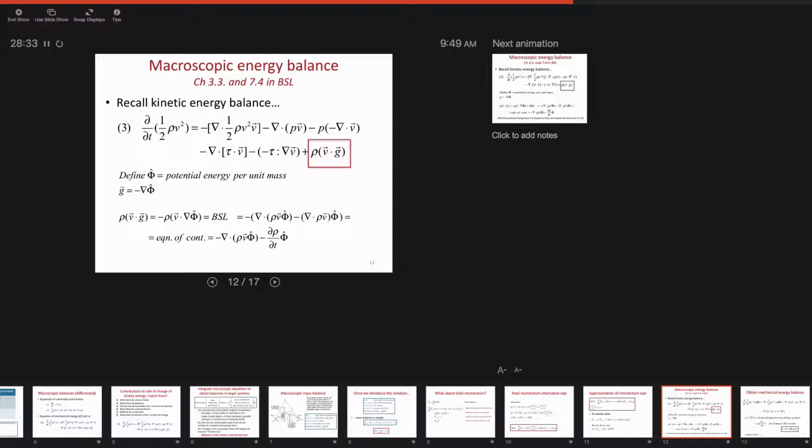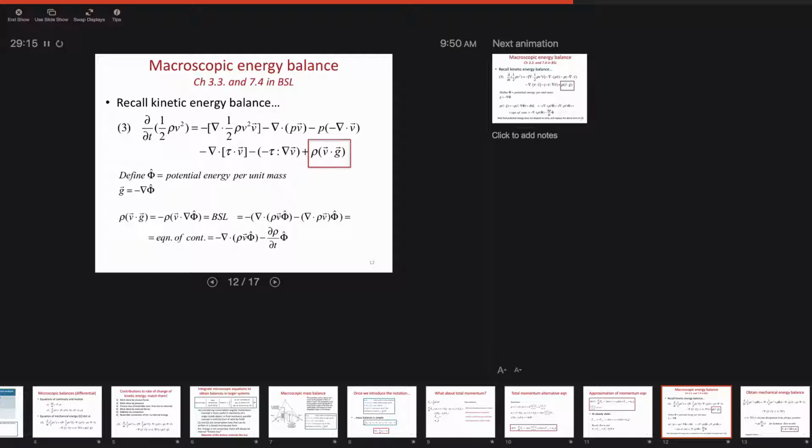So then my rho v dot g is rho v dot gradient of a scalar field. And we've done this already, but basically we can express that this term here is divergence of rho v phi minus phi times divergence of rho v. And when we incorporate the equation of continuity into this, I can find that this is minus divergence of rho v phi minus d rho dt times phi.